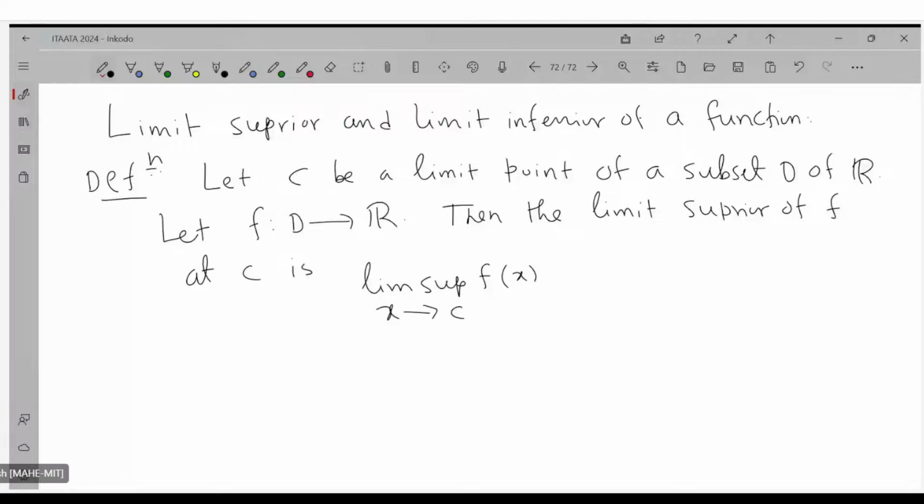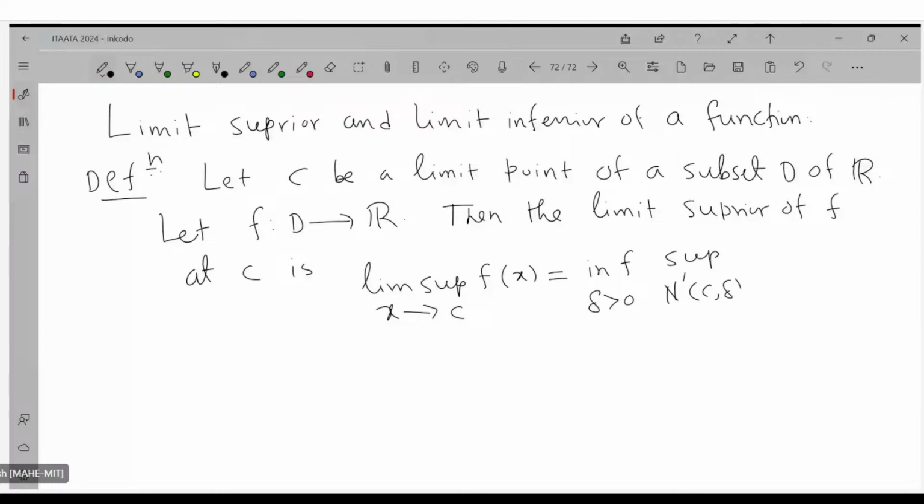Okay, it is the infimum over all delta greater than 0 of the supremum of f(x) over N'(c, delta) intersection D.